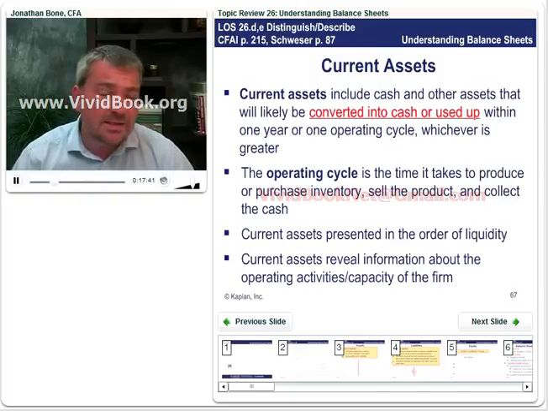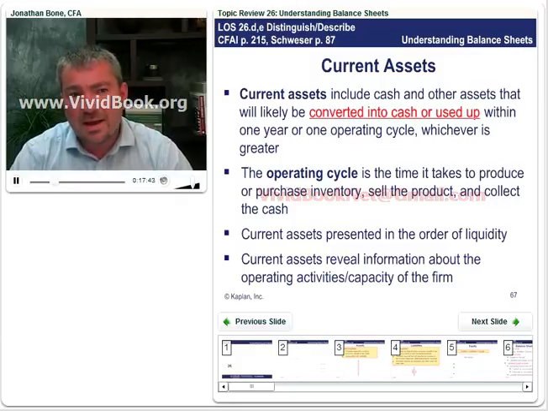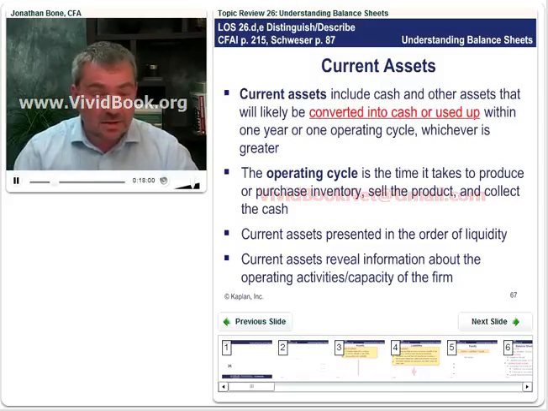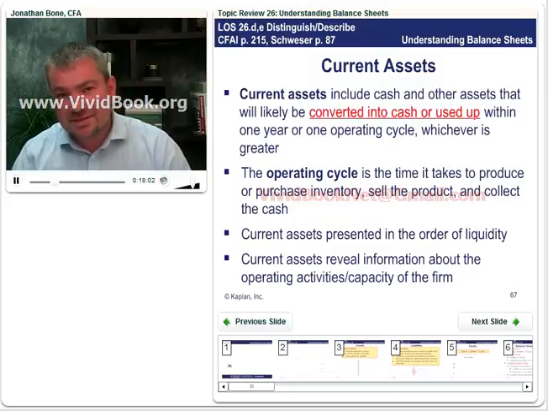Current assets are a component of working capital, and therefore we can start to look at efficiency ratios here. How efficiently the firm uses its current assets to generate sales, the level of inventory it has on hand, the level of accounts receivable, how quickly it collects its accounts receivable, etc. So a lot of efficiency related ratios are linked to your current assets.